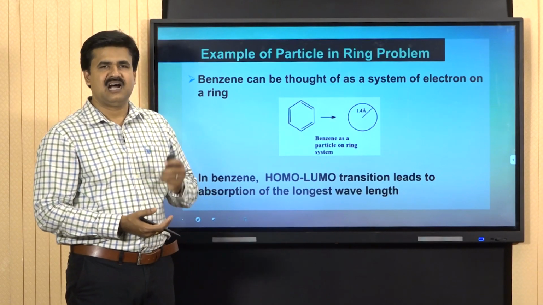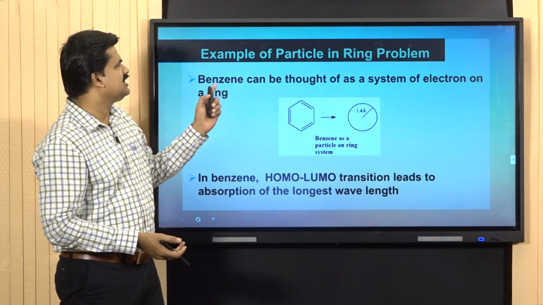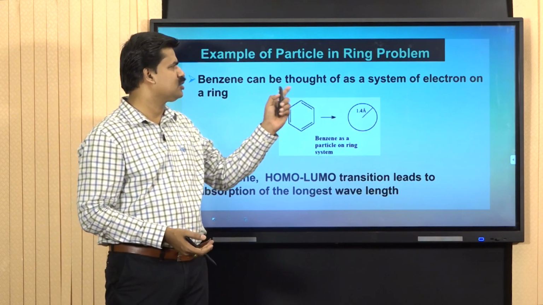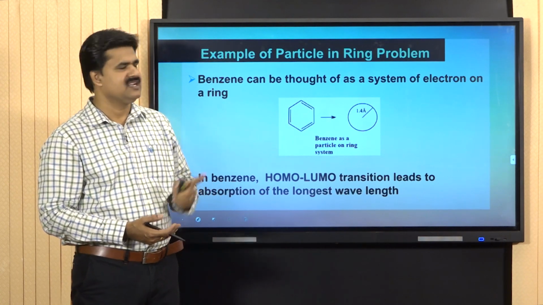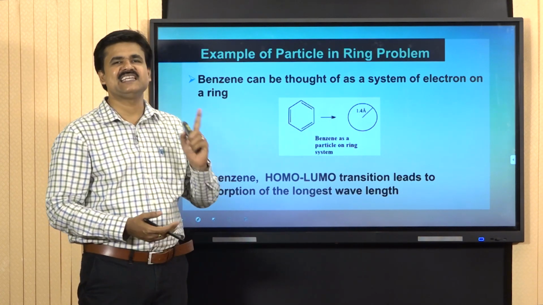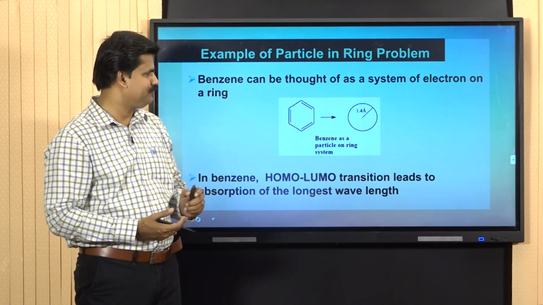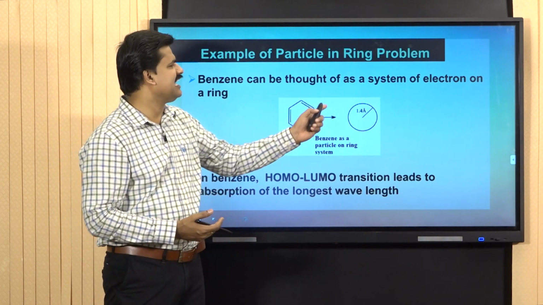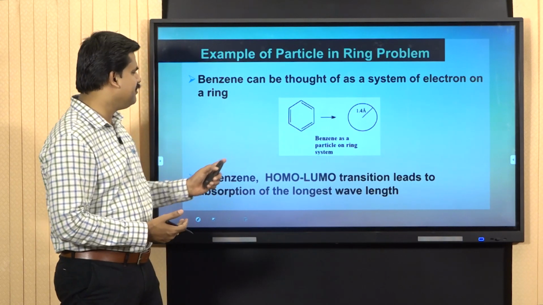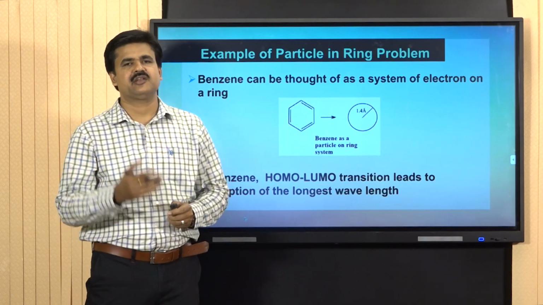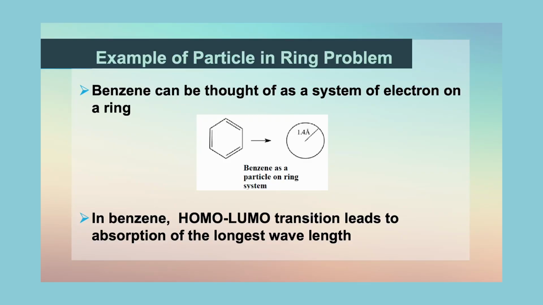Now we have an example for a particle in a ring problem. The molecule benzene can be thought of as a system of an electron on a ring. That is, the molecule benzene can be considered as a system of a particle in a ring problem. The radius is taken as 1.4 angstrom, and in benzene, the HOMO-LUMO transition. HOMO represents the highest occupied molecular orbital.